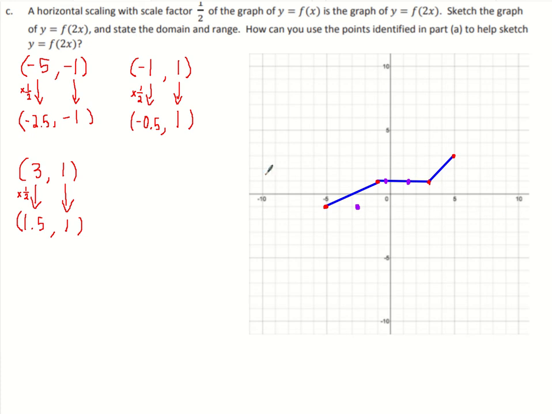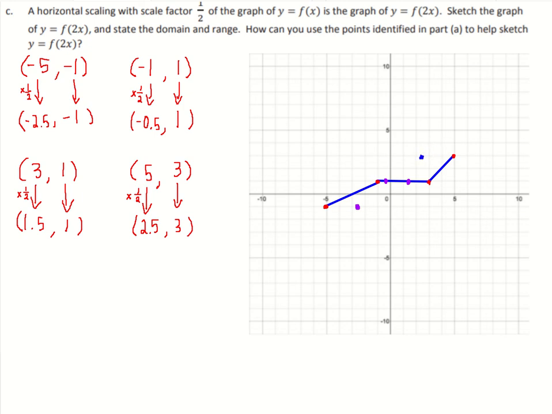And one more point to go. That point is normally 5, 3. My y coordinate doesn't change, it stays as 3. But my x coordinate does change. Multiply it by 1/2, and that's going to give me 2.5. So let's go over to 2.5, 3, and plot that point.